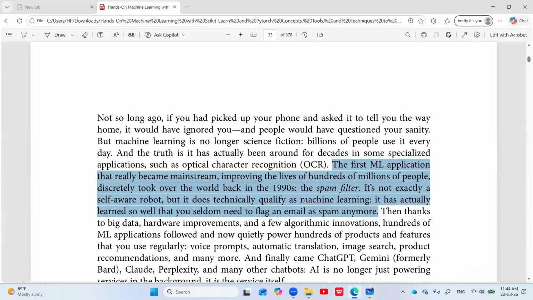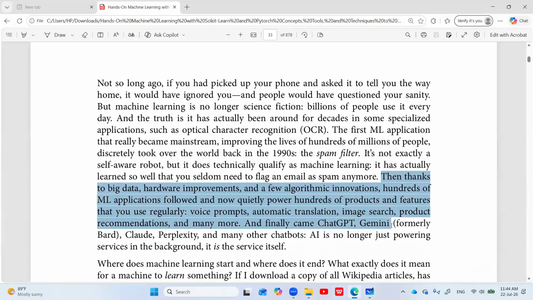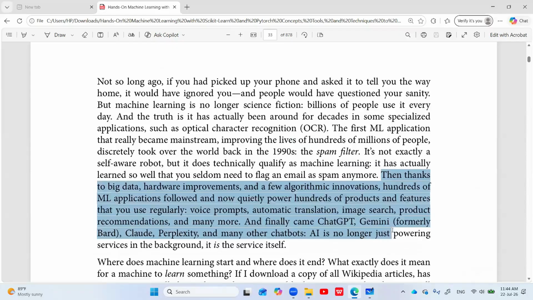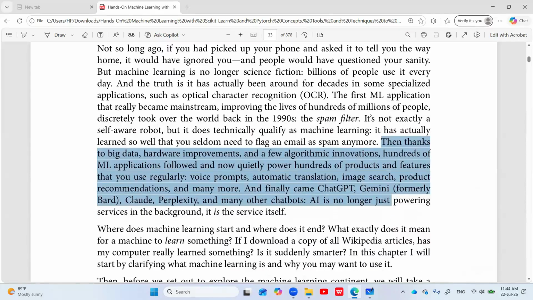Again, we'll move to the book. Thanks to big data, hardware improvements, and a few algorithmic innovations, hundreds of ML applications followed and now quietly power hundreds of products and features that you use regularly. Now we know that big data has evolved.